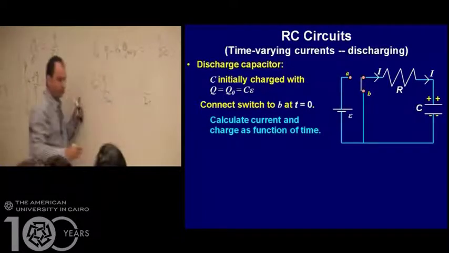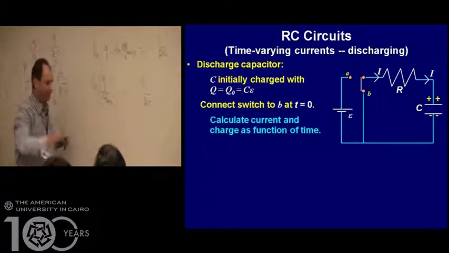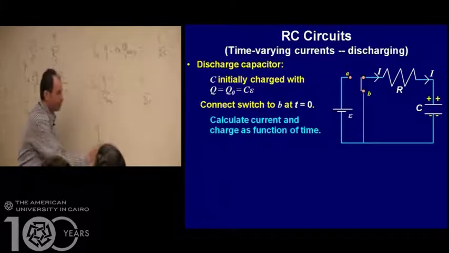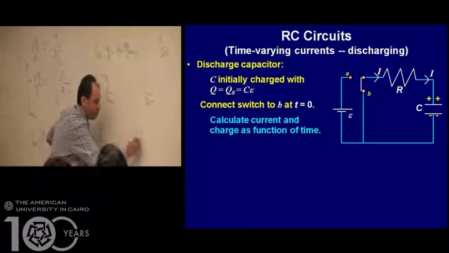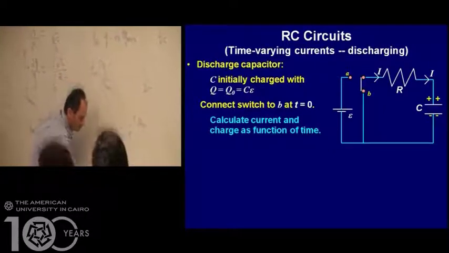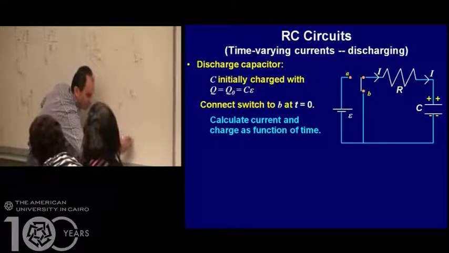In order to get rid of that ln, everything goes to the power e, so this is going to be Q over Q max equal to e to the power minus T over RC, or Q equal to Q max times e to the power minus T over RC.